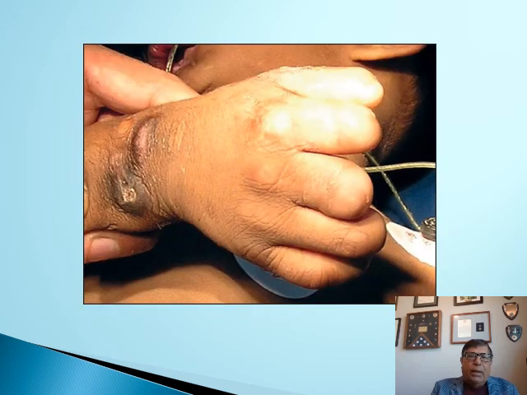But this picture I got from a textbook, and as you can see, the degree of self-destructive biting has resulted in the absence of this part of the finger.